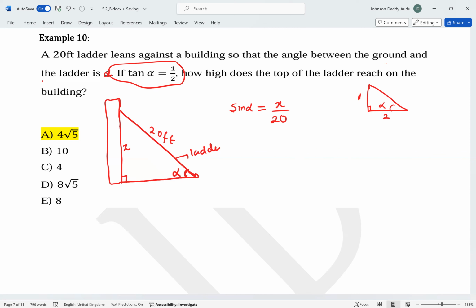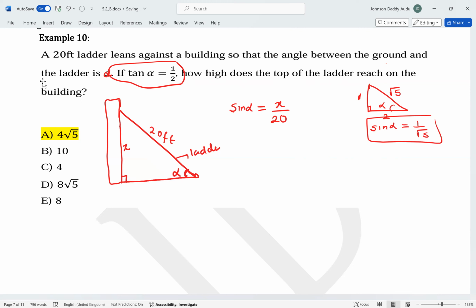Then by Pythagoras theorem, clearly this is going to be root of 5, right? So it means you can easily get sine alpha from here. So sine alpha is going to be 1 over root of 5. Yes?